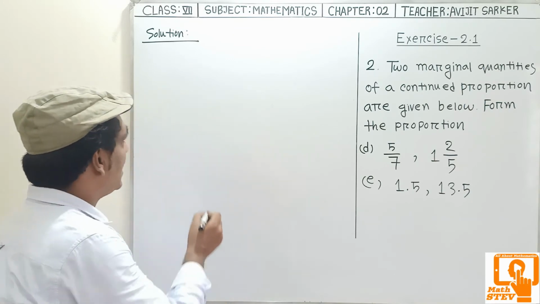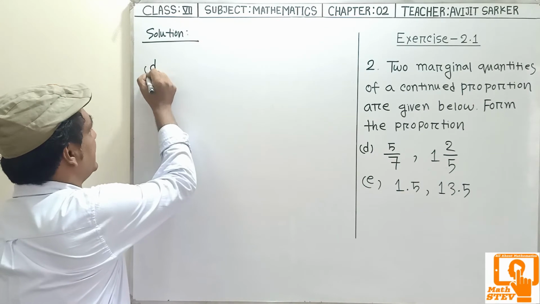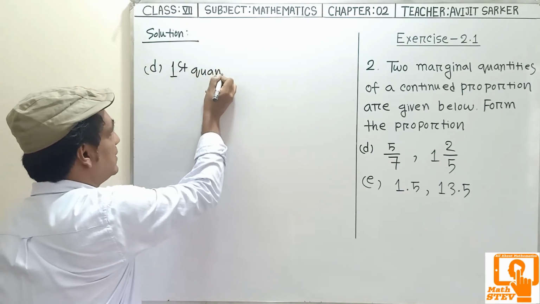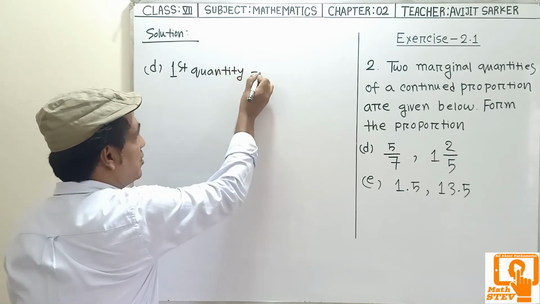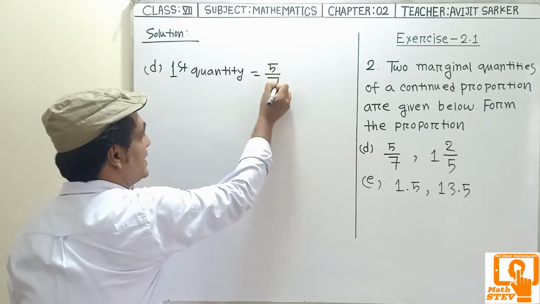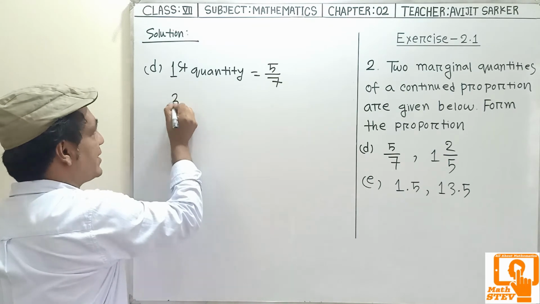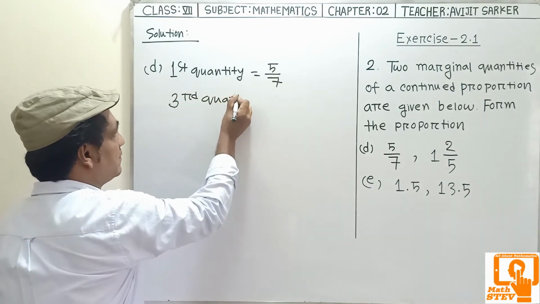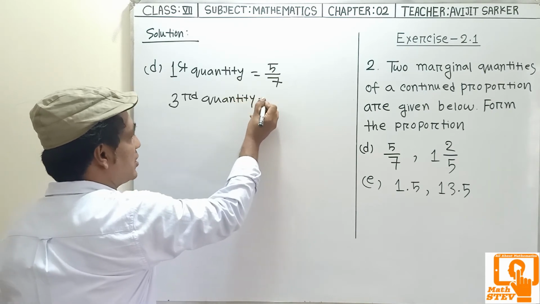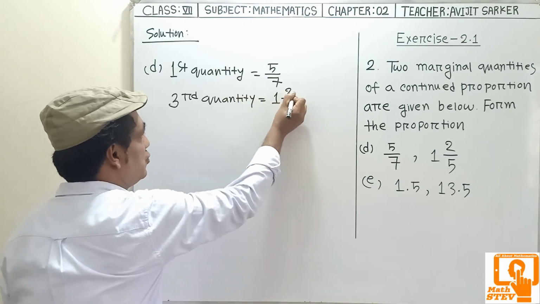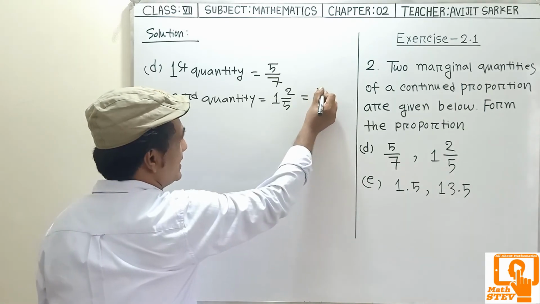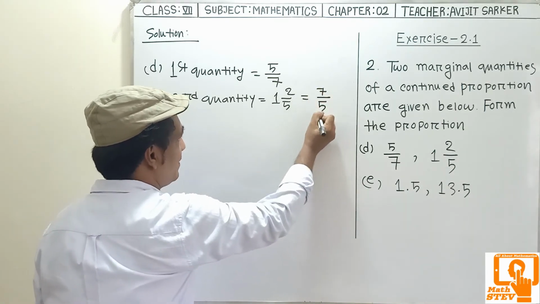Now solution: first quantity equals 5 divided by 7. Third quantity equals 1 whole 2 by 5, and converting into a proper fraction we get 7 by 5.